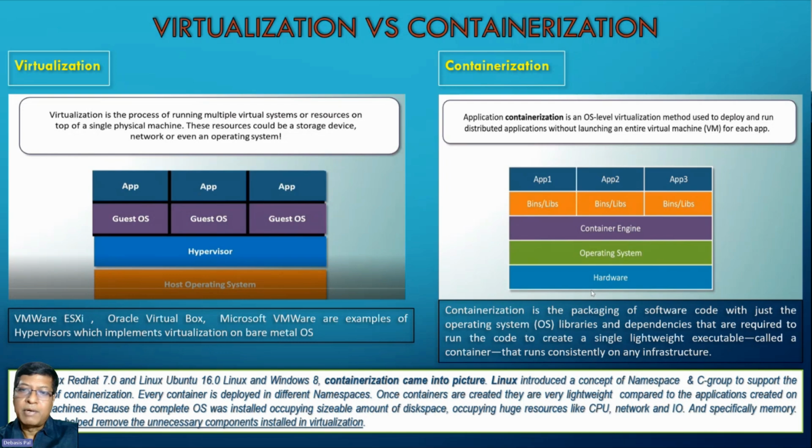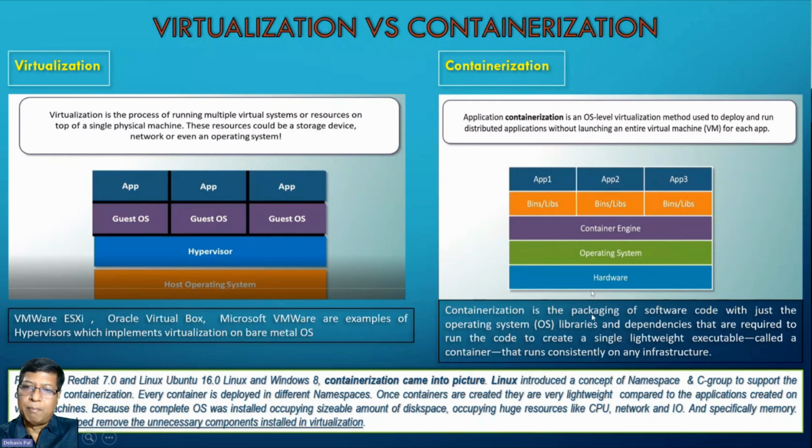Because remember, nowadays you are having the containerization, I mean the microservices. The world is moving from monolithic to microservices. We are having a slide over that. So containerization is the packaging of software code with just the operating system libraries, only the libraries, which is the application layer of the operating system, and dependencies that are required to run the code.